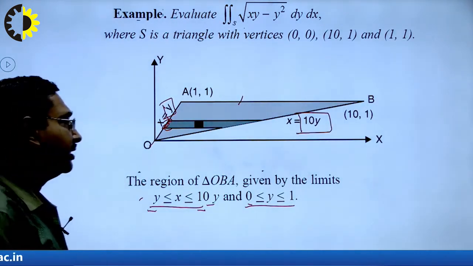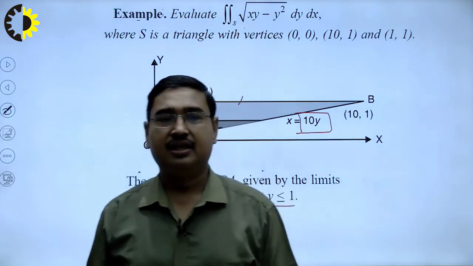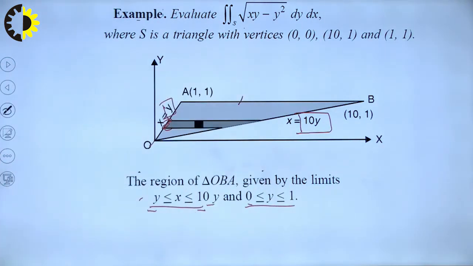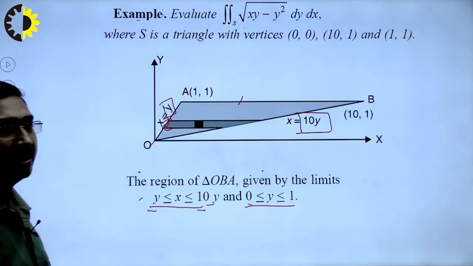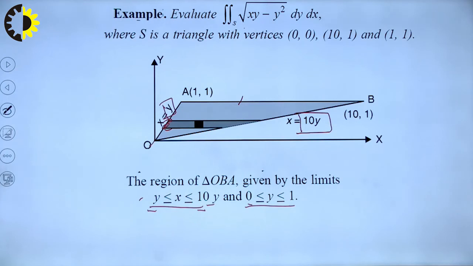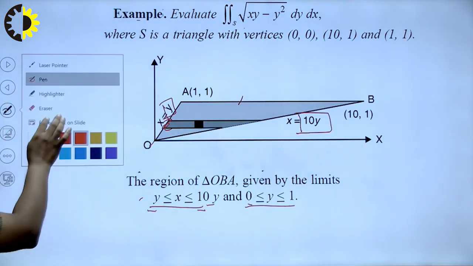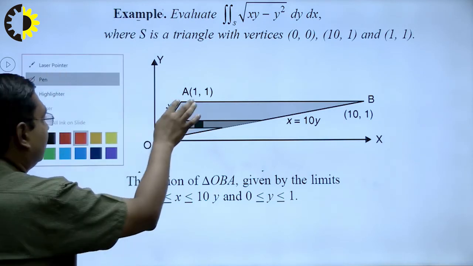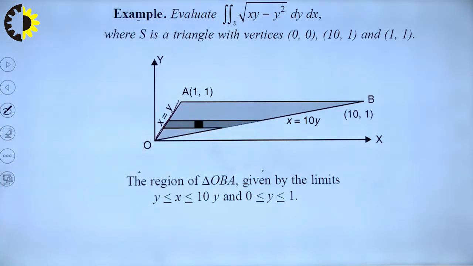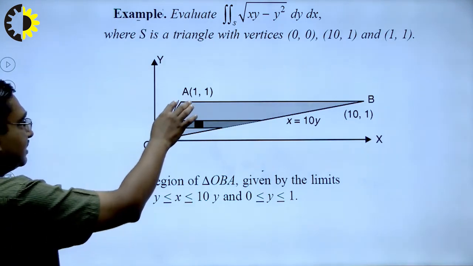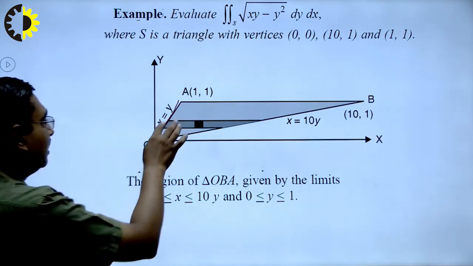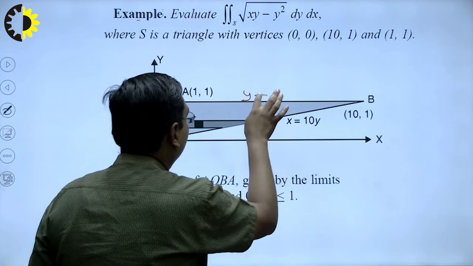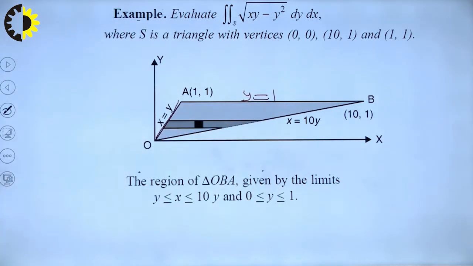Here we can see that we have sliced the region into horizontal slices. Suppose in this problem we try to divide the region into vertical slices, then what will happen in that case? In that case, this equation x equal to y is the boundary, and for this boundary the equation will be y equal to 1.